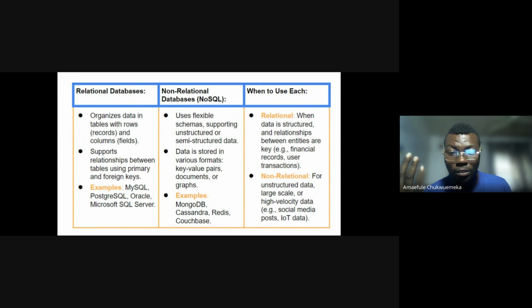and that information would best be on a relational database. Now for a non-relational database: the moment the data is unstructured, if the data is at a very large scale, like a big data file, or if the rate at which the data is being processed is fast, meaning the source is real-time data processed at very high frequency, like data from social media, IoT devices, posts and uploads, then those data are definitely unstructured.